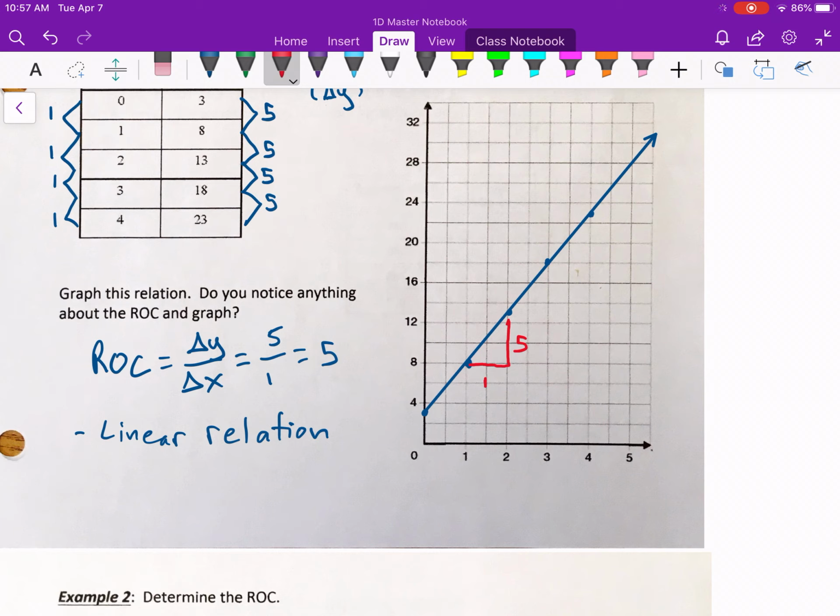So there's my rate of change. So again, it gives me an idea of the steepness. So ROC shows the slope or steepness.